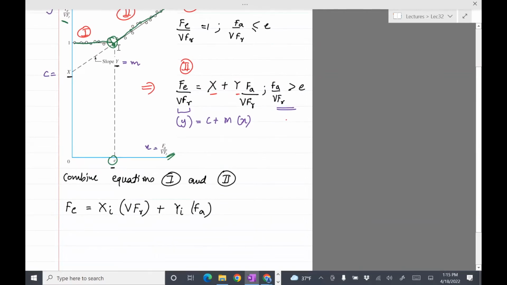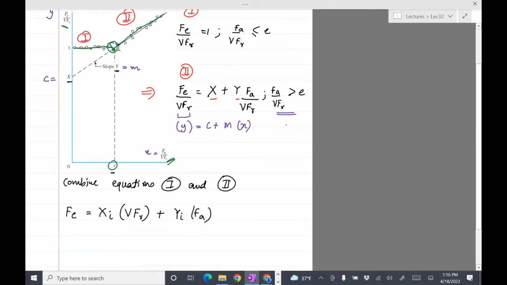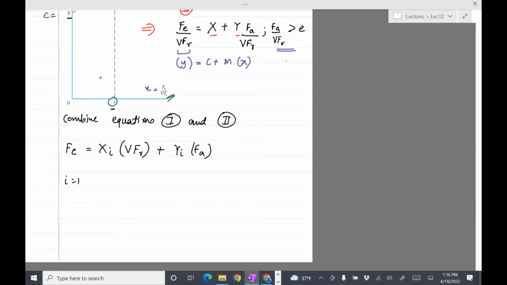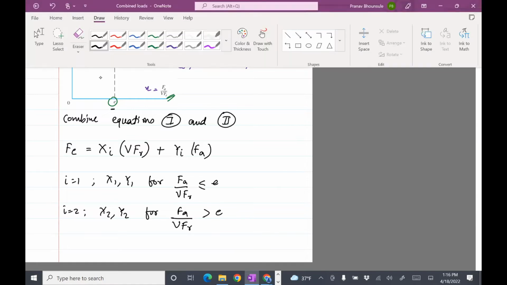I wrote them as XI because I'm trying to describe both those equations. So I will have the value of X1 for the first part and X2 for the second part, same for Y. Here I equals 1, that will be X1, Y1 for FA divided by V times FR less than or equal to E, and I equals 2, or X2, Y2, for FA divided by V times FR greater than E. So that's the formula you want to remember.